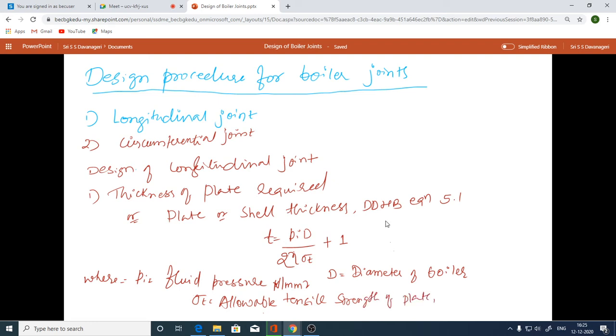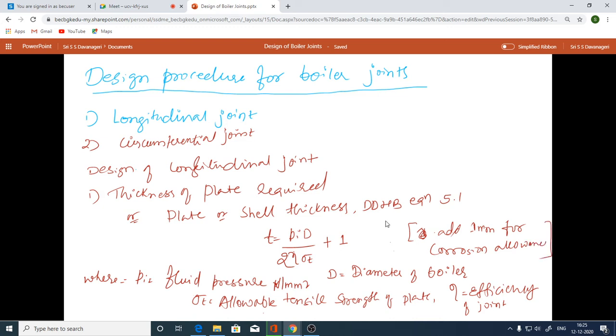Eta is efficiency of joint. Okay, so as I said, add 1 mm for corrosion allowance.